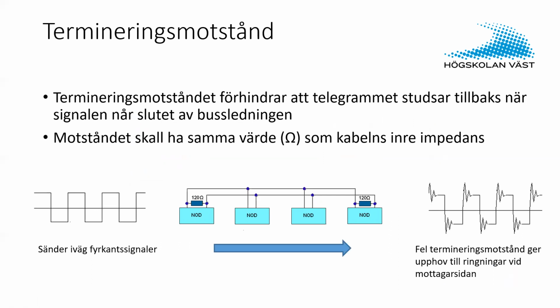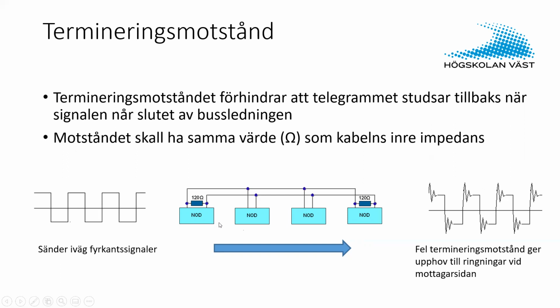The problem is some kind of electromagnetic characteristic: if you have a different impedance or resistance in the wires compared to the receiving end or node here, you will get a reflection.